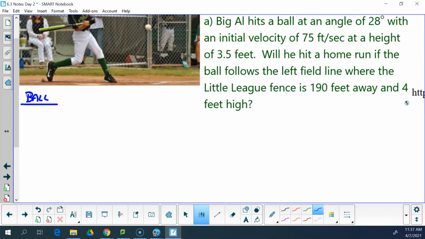I'm going to use the parametric equation that we just had, because we're launching it at an angle with an initial velocity and an initial height. So the x part of the parametric equation is going to be 75, because that's his initial velocity, times the cosine of 28 degrees times t.